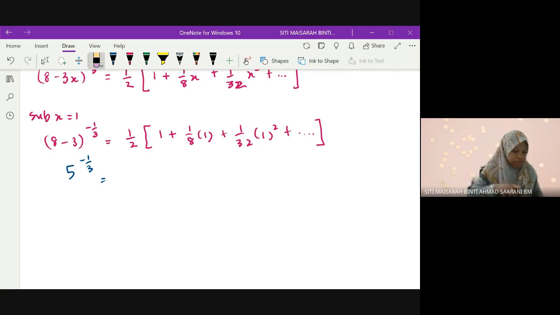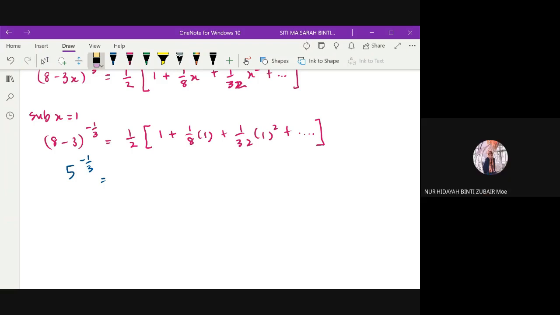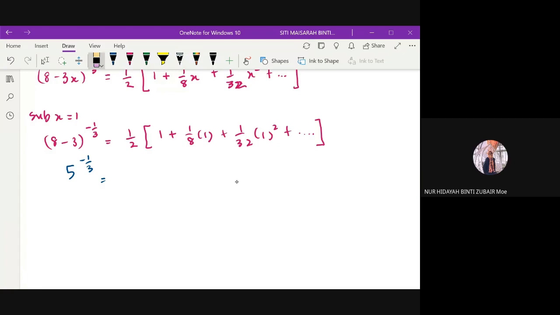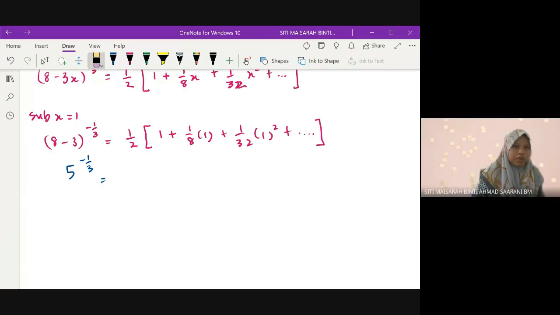Tolong kira kat meja. Tiga puluh 37/32. 37 per 64, darab siap-siap dengan 1/2 tu. Betul-betul. So this one become 37 over 64.